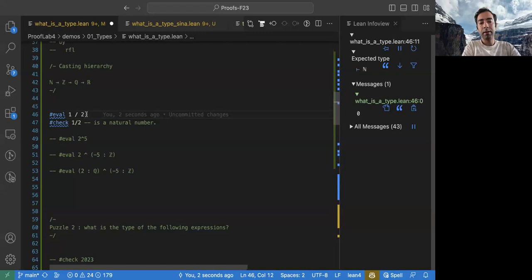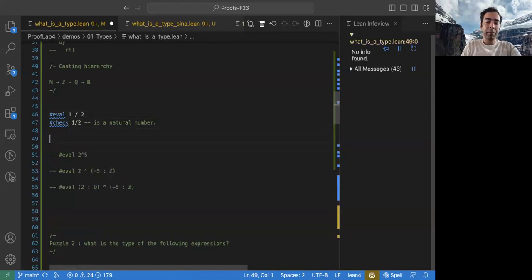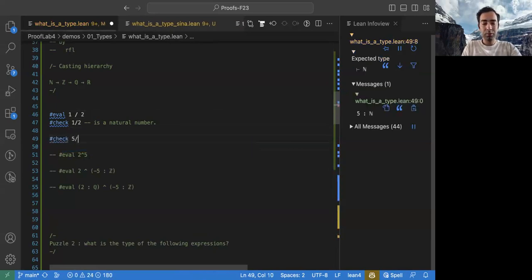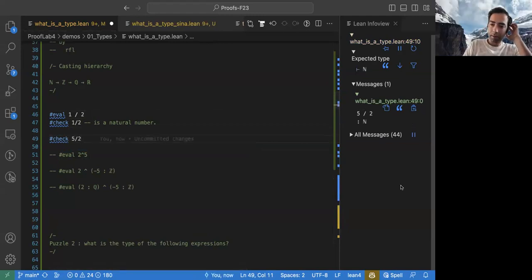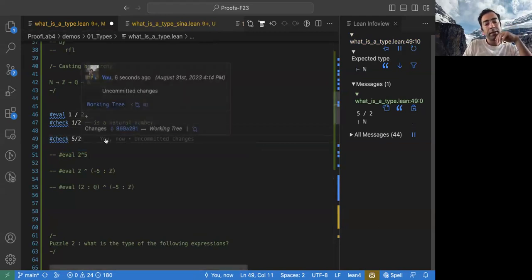And what's going on here is like, if I divide 5 by 2, then the answer would be perhaps 2. Lean thinks this natural number division asks how many 2's can be found inside 5.